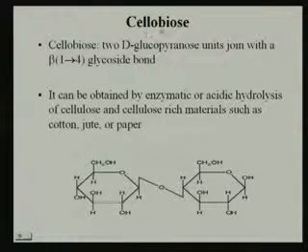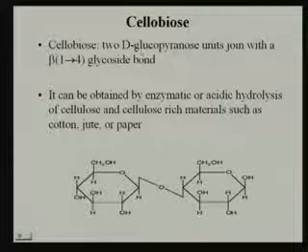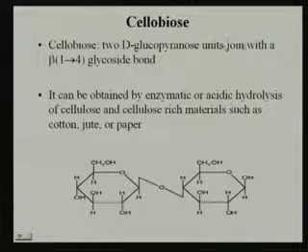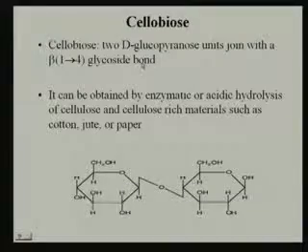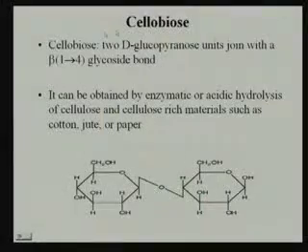Coming to cellobiose. Cellobiose is two D-glucopyranose units joined by beta 1,4 glycosidic bond. Now, earlier, maltose, lactose, and sucrose that I was talking about are sugar molecules. But cellobiose is a non-sugar disaccharide molecule.